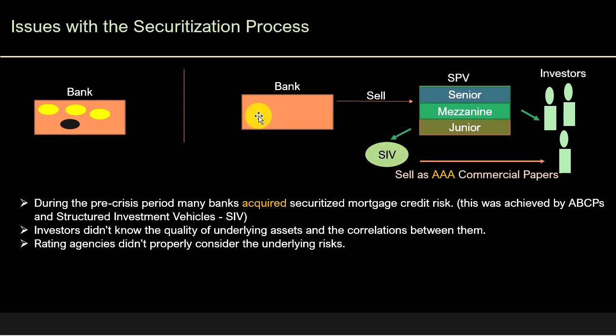So what a bank did was set up a structured investment vehicle and purchase some of these asset-backed securities and sell those to investors as commercial papers. Before the crisis, some of these commercial paper notes were given a AAA rating.